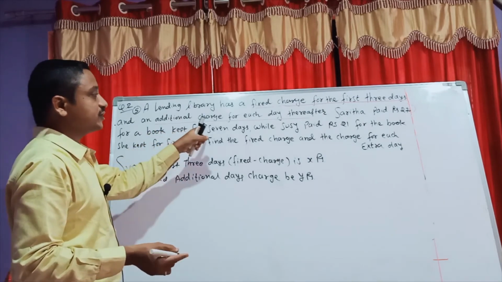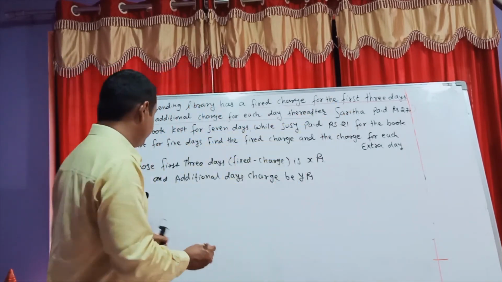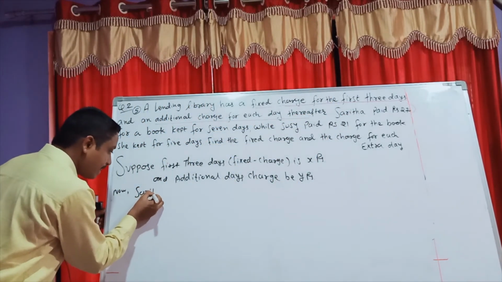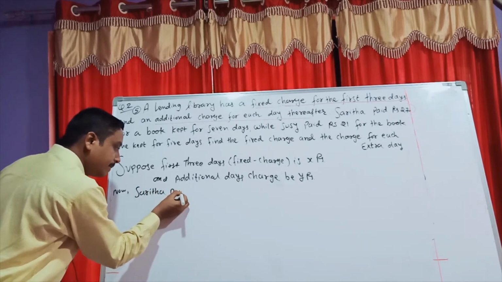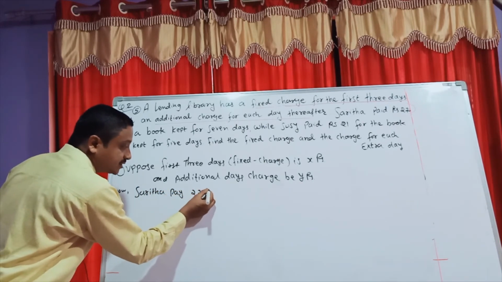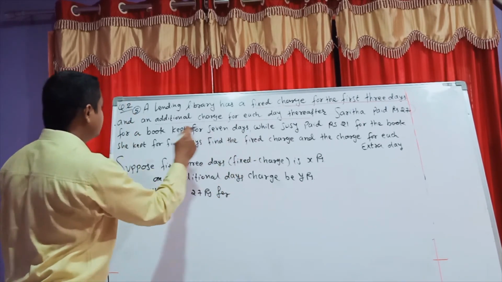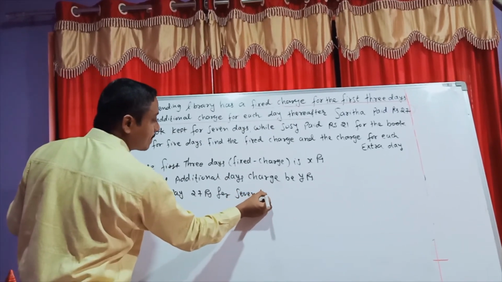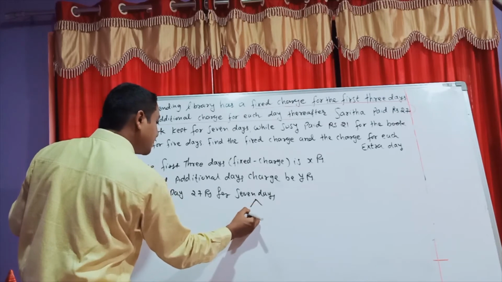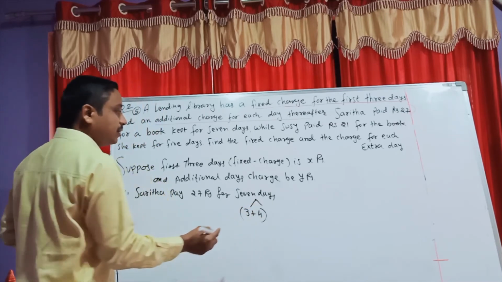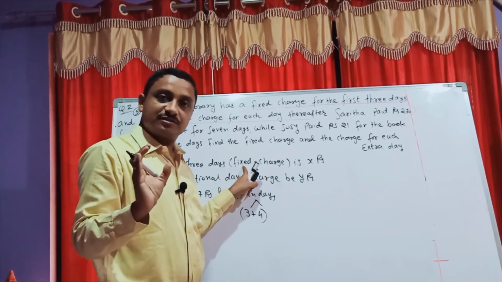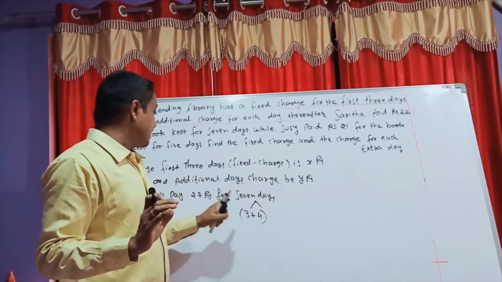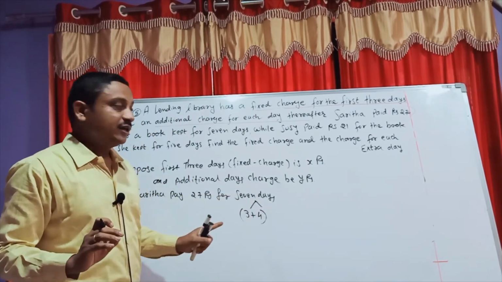Now, first of all, which person? Sarita paid 27 rupees for how much? It is kept for 7 days. For 7 days you calculate 3 plus 4, because 3 days is the fixed charge and 4 days remain as extra for y.